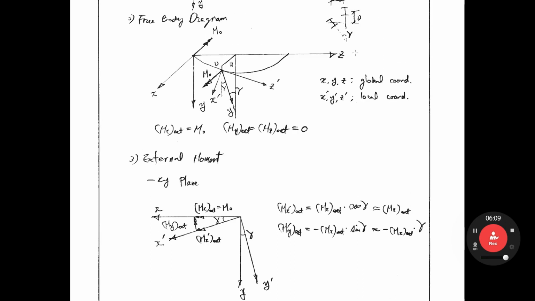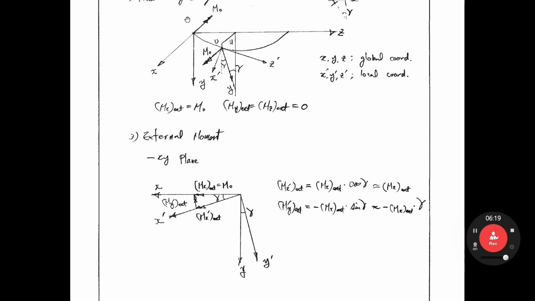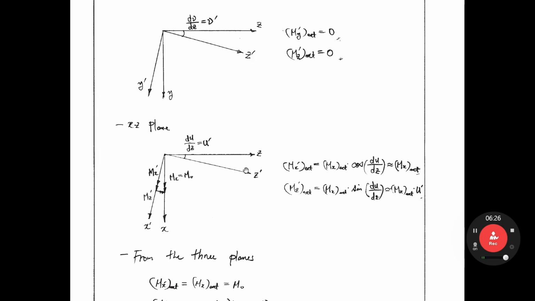XZ plane. It is a plan view, right? If you see the plan view, so z prime direction like that, x prime direction like that. So this displacement is u because it is in the x direction, u. du over dz, that is angle u prime. You have the axial moment. Do you remember?